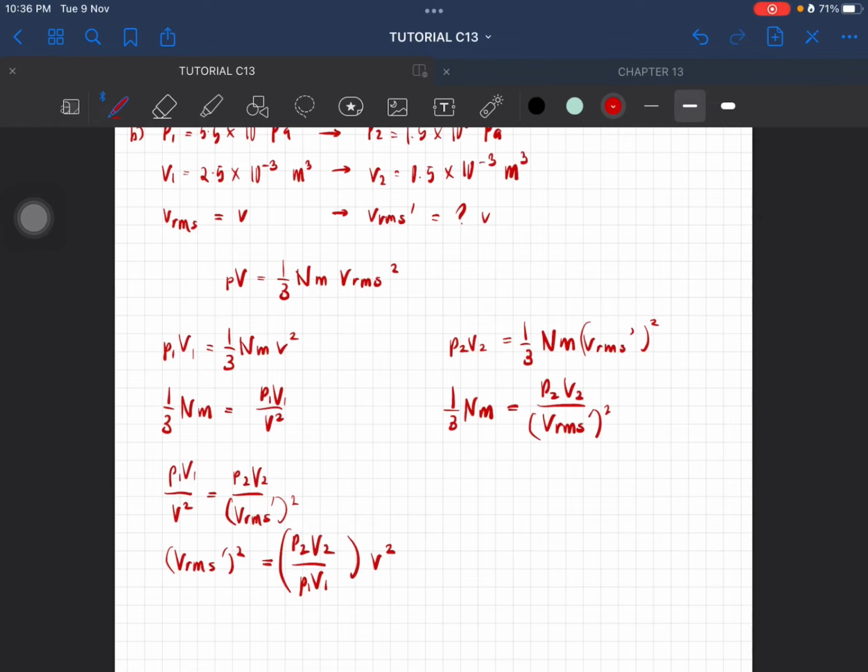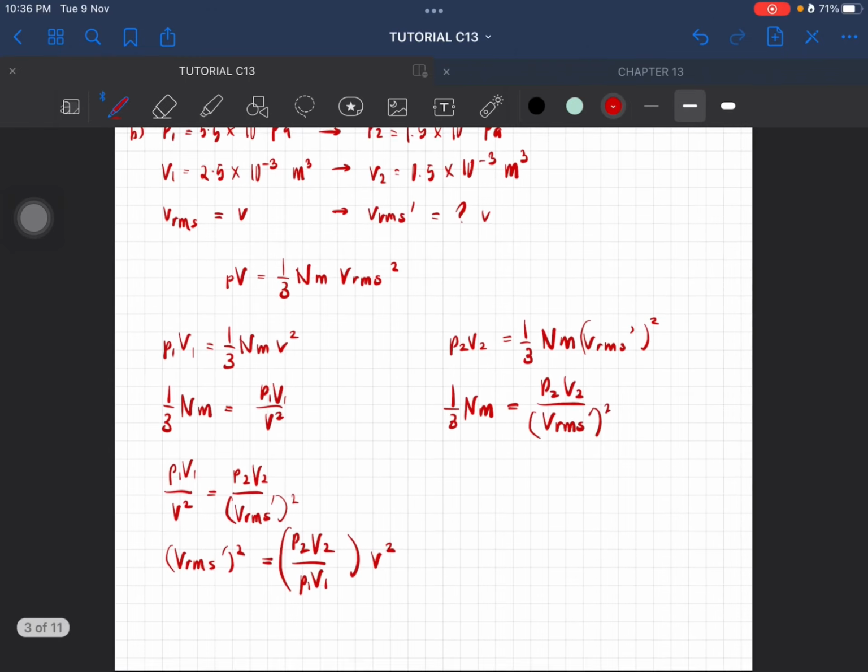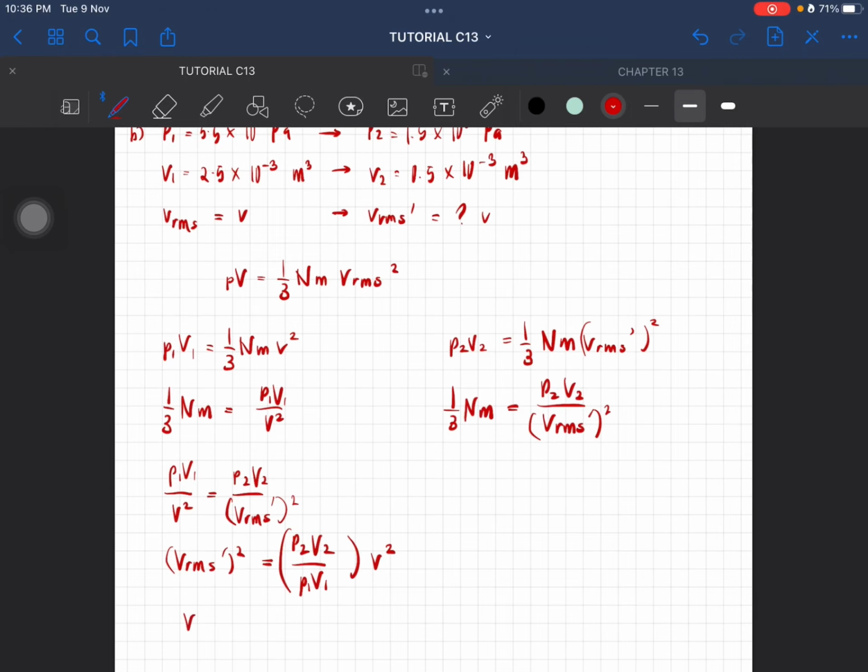Why is it V? Oh, okay. So after that, we can take the square root, so VRMS equals the square root of P2 V2 over P1 V1 times V square. If we put the square root here, it will cancel out, so this will be gone. So, this is V. Okay?